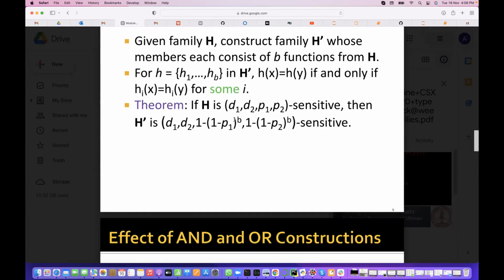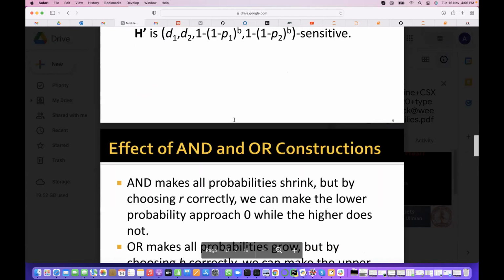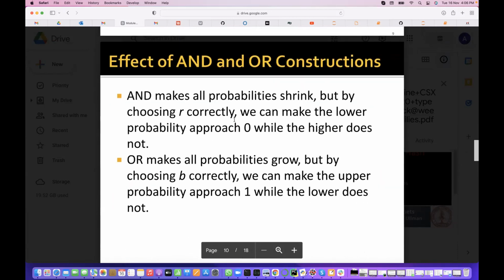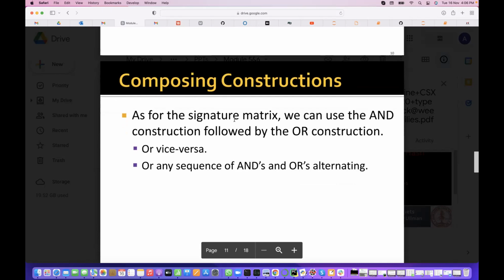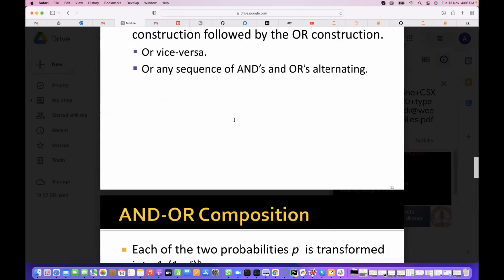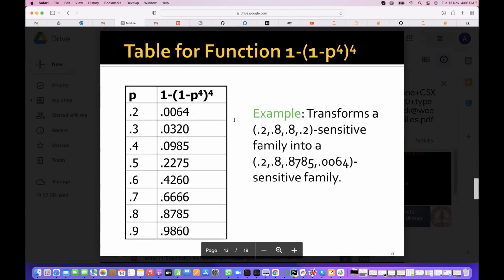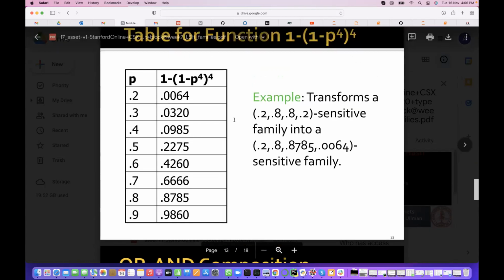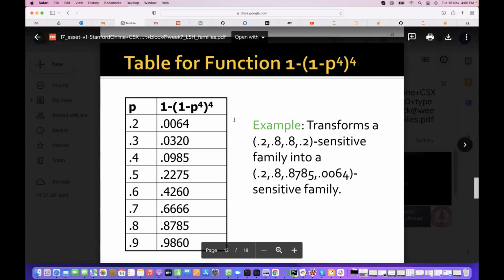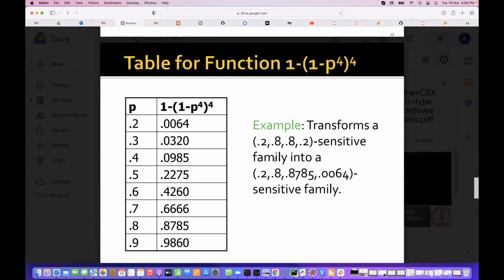So he's trying to give some mathematical proof for that. We will not discuss much about that now. You can go through the video and see it. Then let's see what final result we get. If you fix a probability, it transforms a (0.2, 0.8, 0.8, 0.2) sensitive family into a (0.2, 0.8, 0.8785, 0.0064) sensitive family.